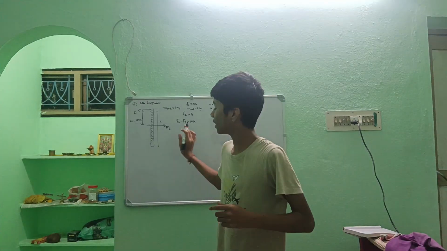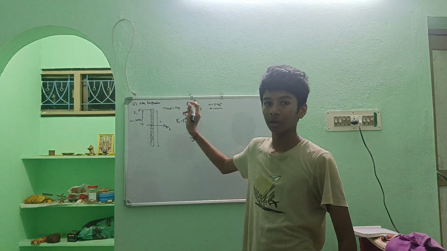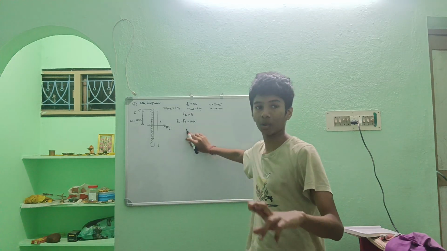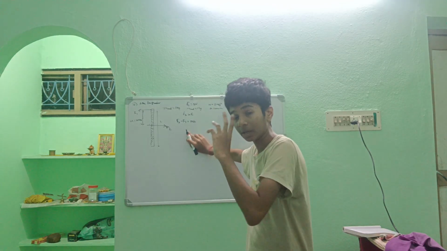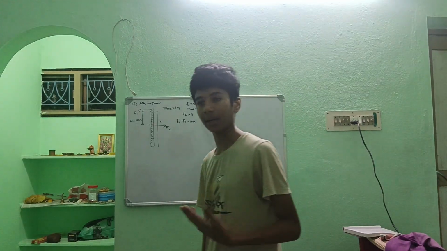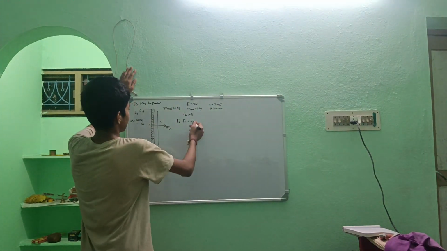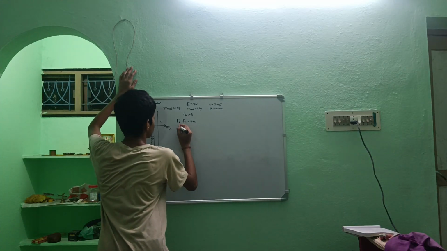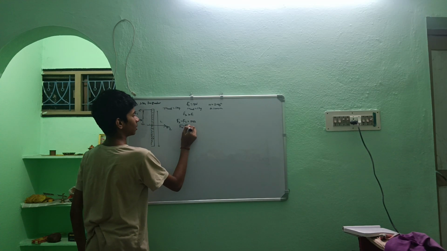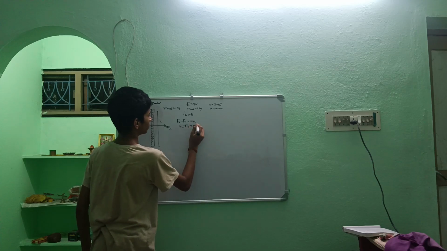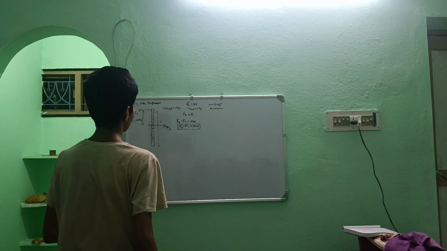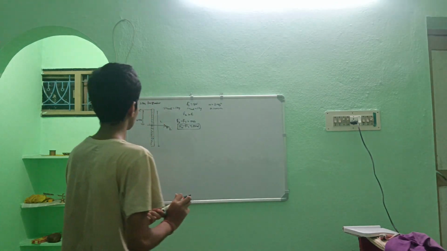Whenever we write T minus mg equal to m a, why do we always write m a? m a is always positive, and we write it on that side. That is a rule and trick, right? Here, F2 minus F1 equal to m w. We got this equation. Once we get this equation, we can solve the question easily.